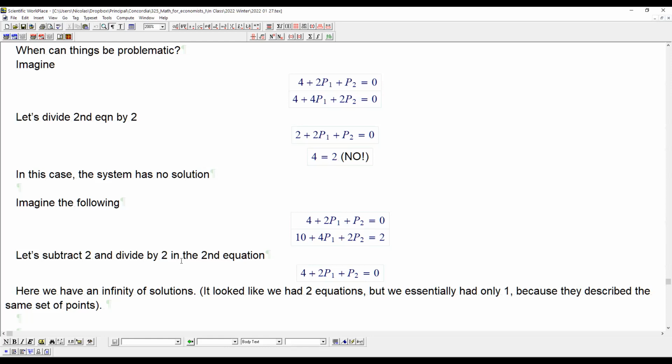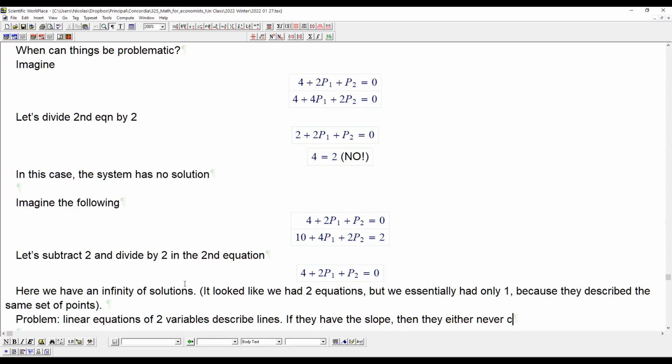So let's just show this. Problem: if the equations of two variables describe lines, if they have the same slope, then they either never cross, no solution, or are confounded.